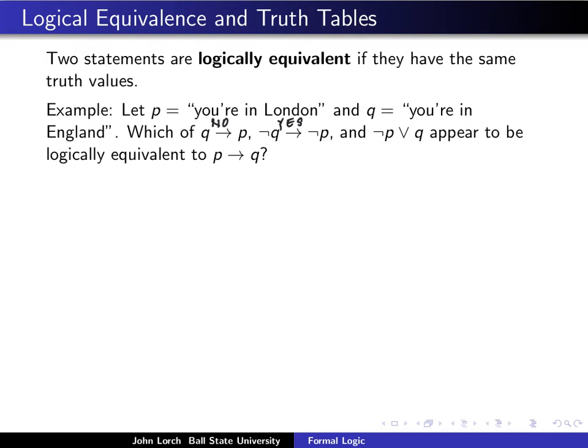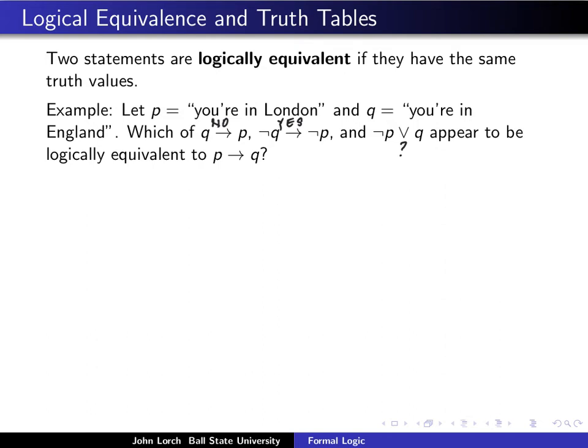Is that logically equivalent to if you're in London, then you're in England? And maybe that's a little bit harder to tell just on the face of it. But the good news is that regardless of what the statements P and Q are, we can resolve this issue using a truth table.